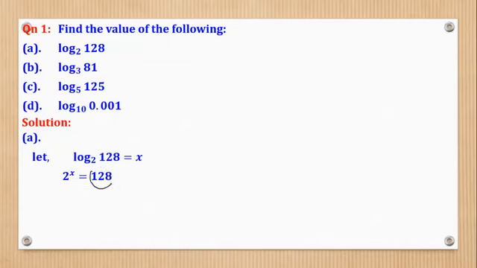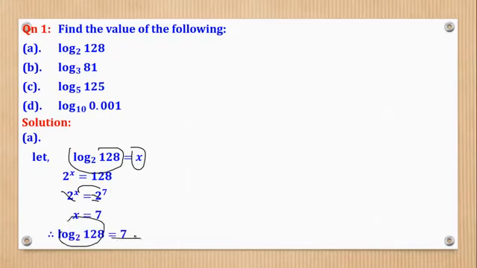Then I can prime factorize this with a base of 2 to give me 2 to the power 7. With the same base, the powers are equal, it means that x is equal to 7. But remember that x is equal to the whole of this, meaning this will be equal to 7, and that's what they wanted. So that is why we said logarithm is the inverse of exponential functions. Somewhere there is a relationship between indices and logarithms.